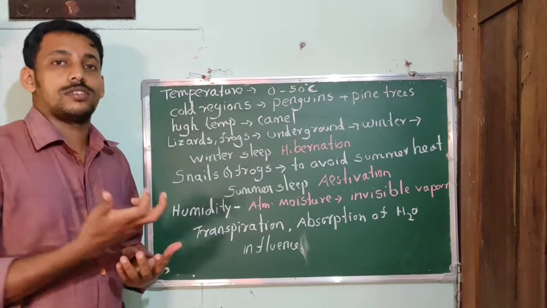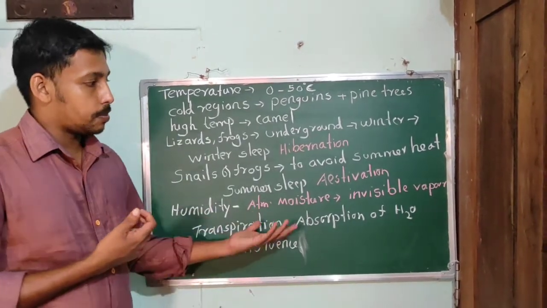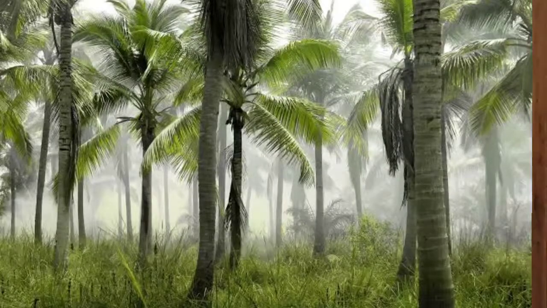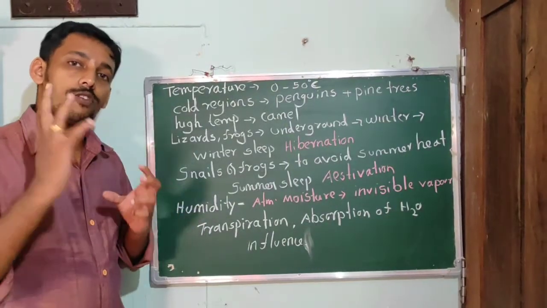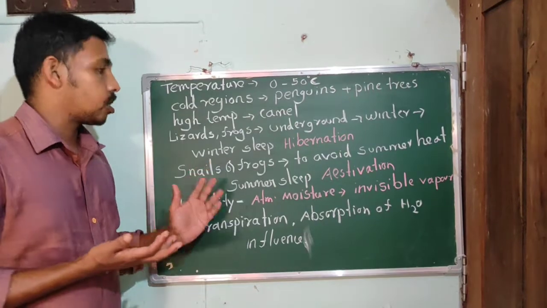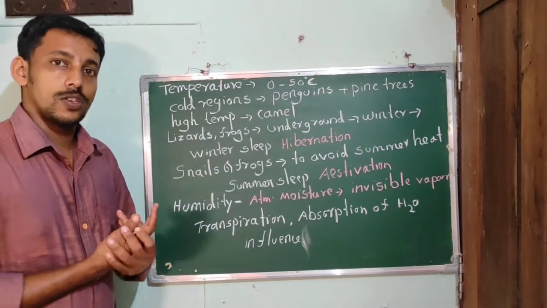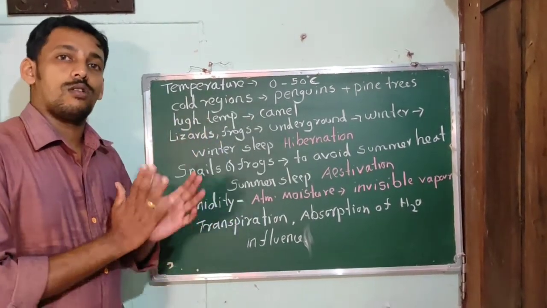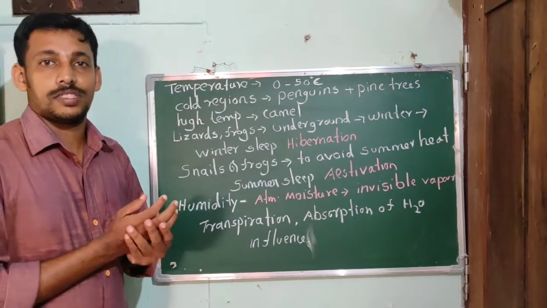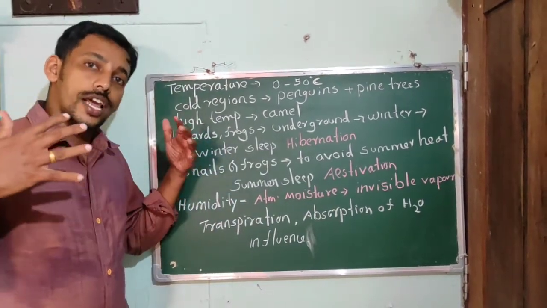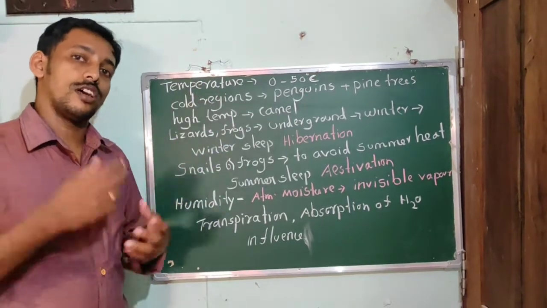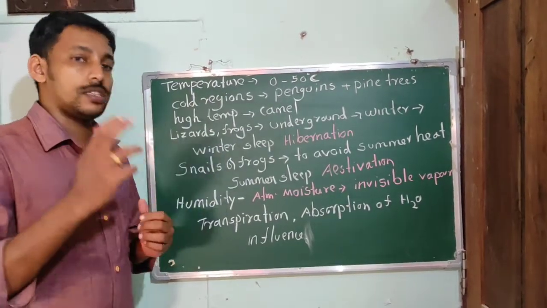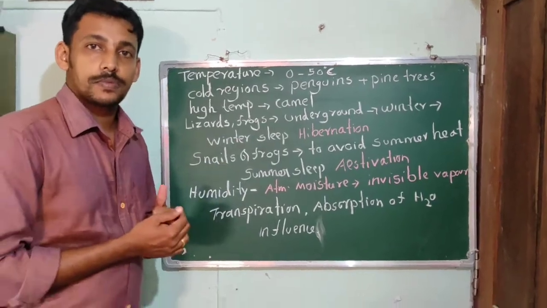Biological processes such as transpiration and the absorption of water by the plants are influenced by the atmospheric humidity. So in that way we can say that all these are interconnected and interrelated. There is an interaction between the living things and all these non-living things.